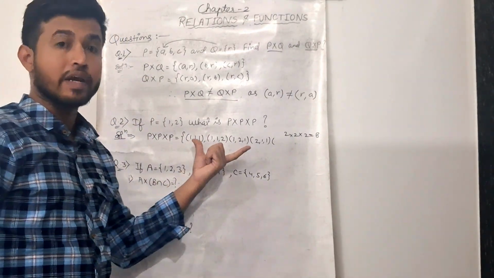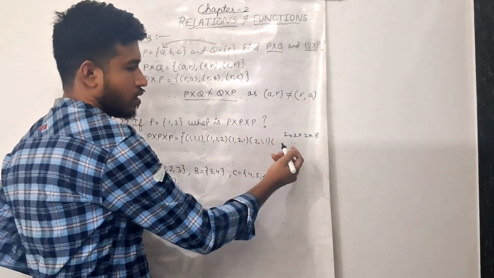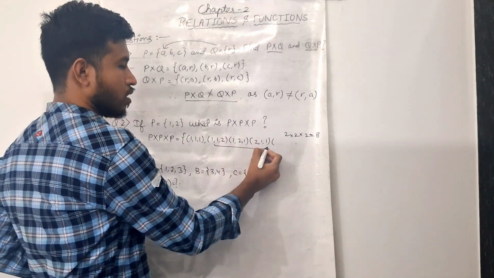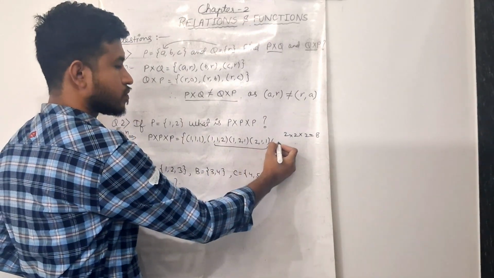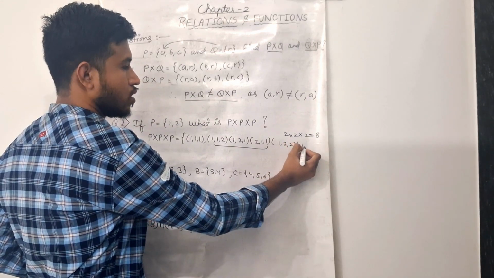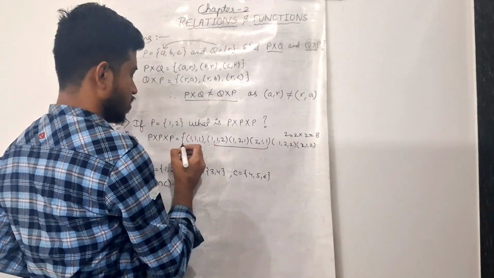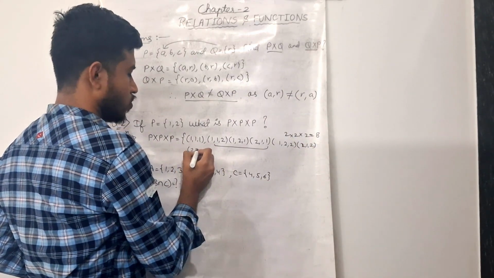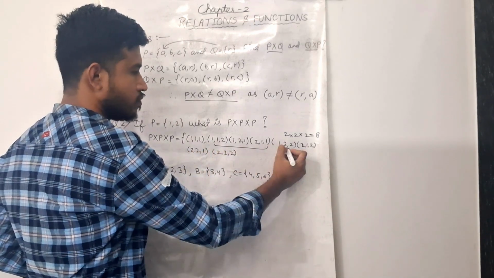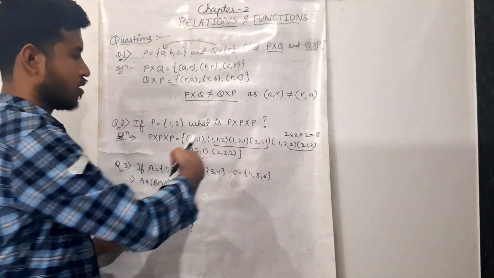In total we need 8 ordered triplets, so 1, 2, 3, 4, and 4 more: (1, 2, 2), (2, 1, 2), (2, 2, 1), and so on.